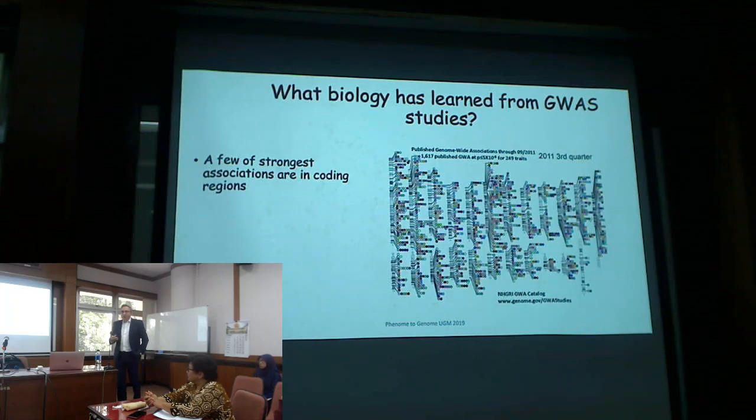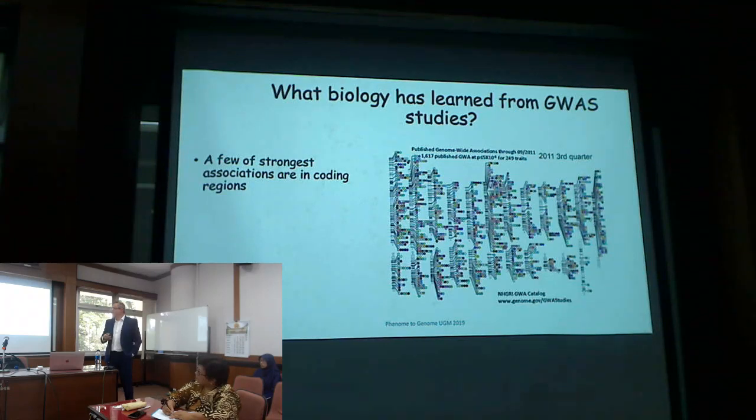What do we know from these studies? The first thing, which is a surprising finding, is that not all the things that explain the phenotype are in the gene. And this is strange because as a geneticist, and probably you are biologists, you think about a phenotype, you think about a mutant.